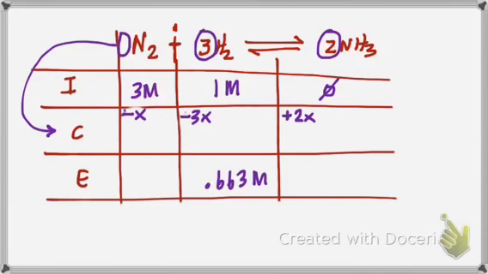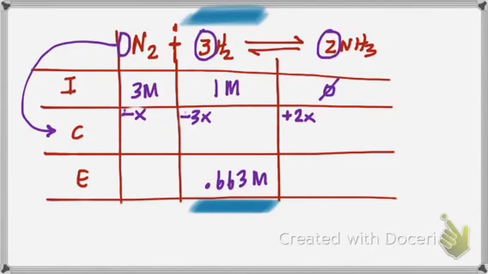My next step is going to be finding my x. I've got to go ahead and find my x. Well, the only place that I have enough information to find my x is in this particular column. And so what I'm going to do is say, all right, I've got 1 molar, or 1 minus 3x gives me my 0.663.